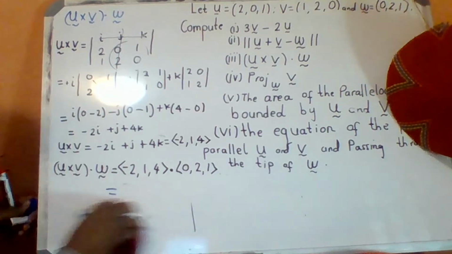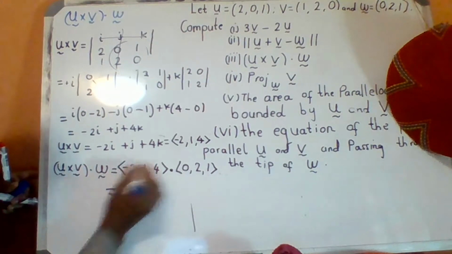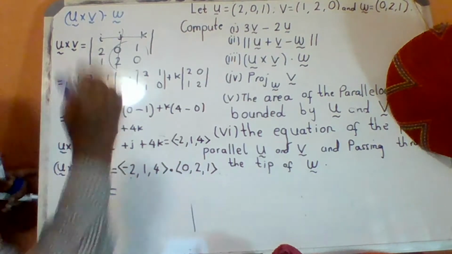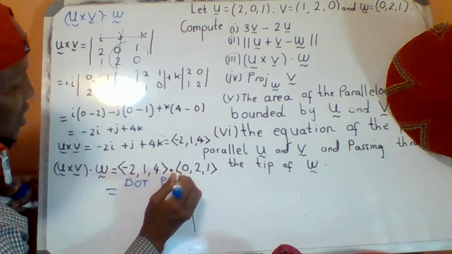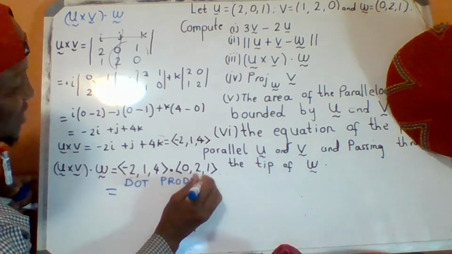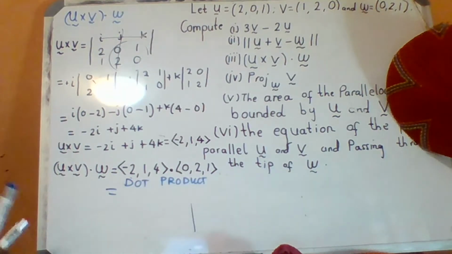So dotting is easy. Let's see how we dot. You multiply the first one with the first one, and the second with the second. This is called the dot product.